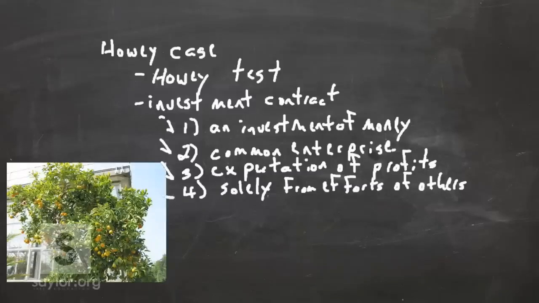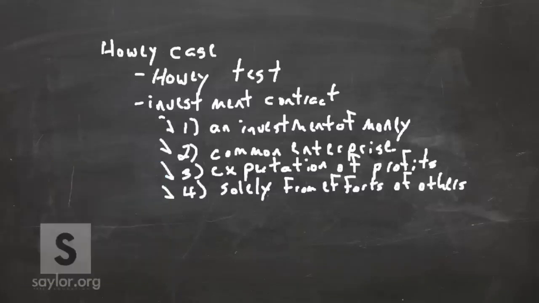And Howey had the control over how things were managed and basically on how profits were made. So there, the Supreme Court found that, yes, we do have an investment contract and thus a security.